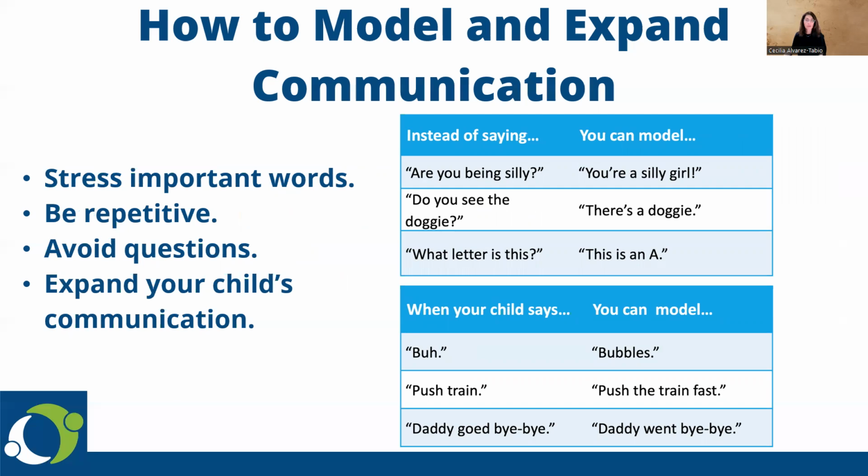So model gestures, words, or language concepts that you would like your child to use multiple times each day. You can use the same word, phrase, or gesture repetitively while playing with your child. For example, down it goes, or repeat specific important words such as the car is rolling, rolling fast.